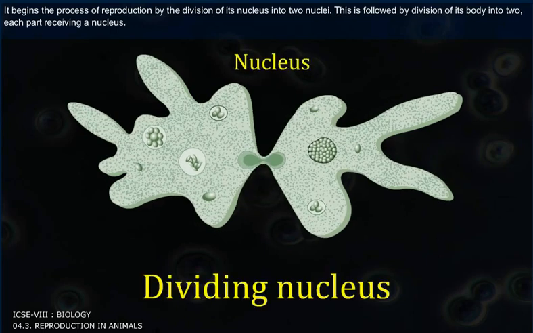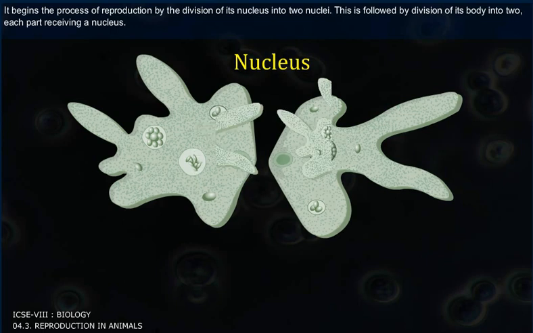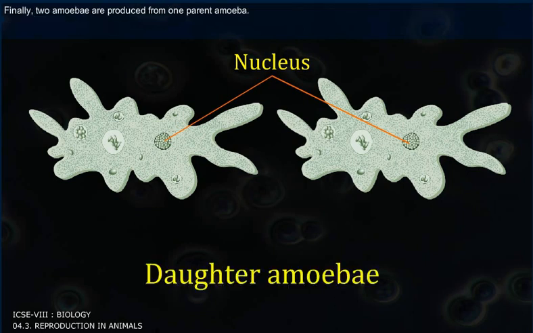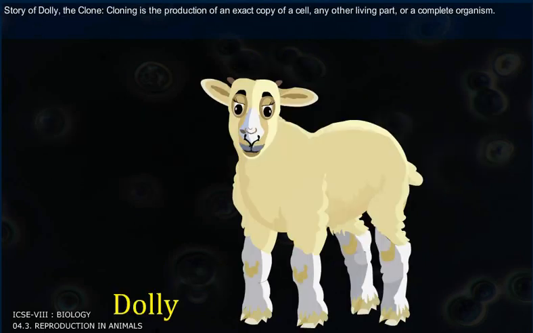This is followed by division of its body into 2, each part receiving a nucleus. Finally, 2 amoebae are produced from one parent amoeba. This type of asexual reproduction in which an animal reproduces by dividing into 2 individuals is called binary fission.